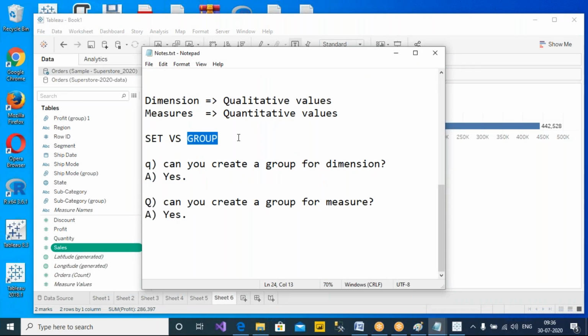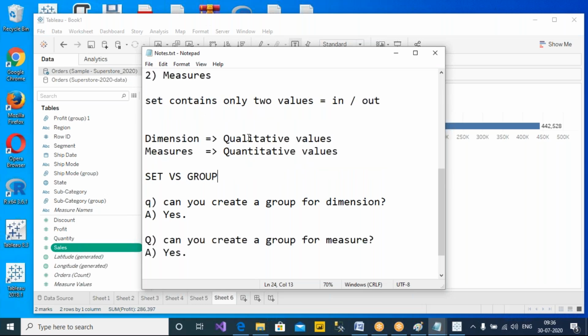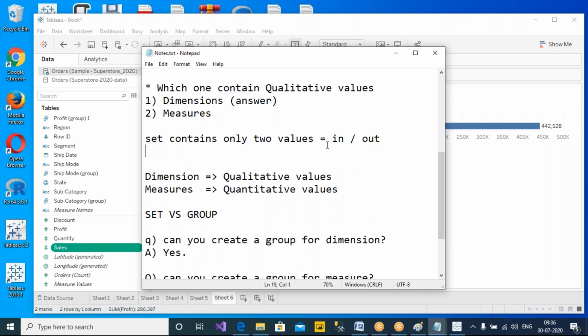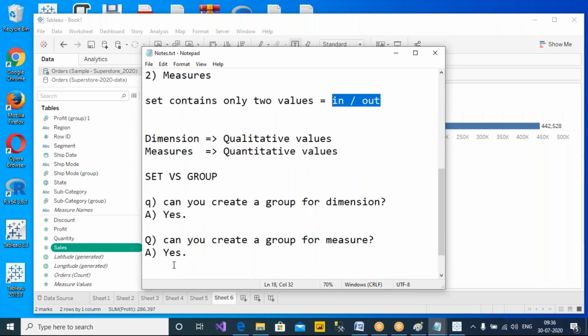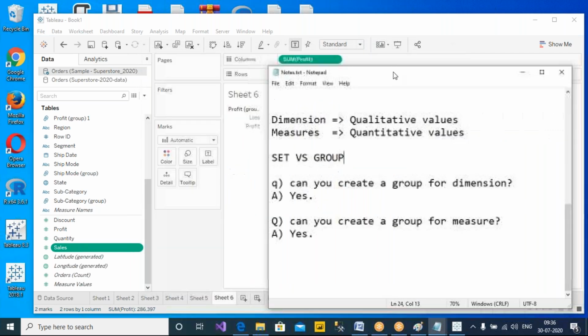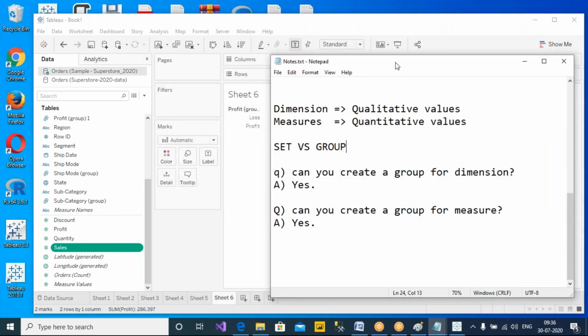I can have so many groups based on my conditions. But with a set, your condition will only be applied once and you will only have in and out. With a group, we can group the values into multiple higher categories, so definitely it is more than one. That is the very big difference between a set and a group.